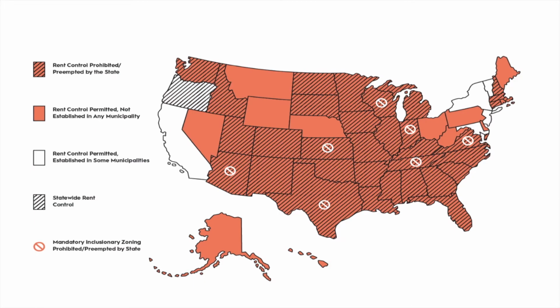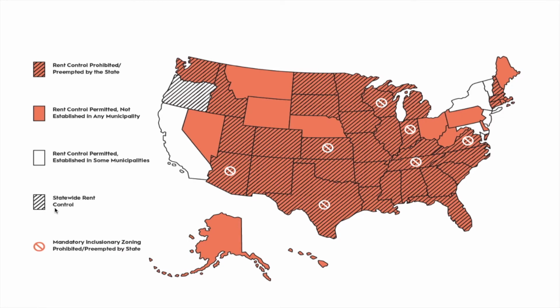So if you look around the country on this map here, in the areas that have this orangish color and are also shaded with diagonal lines, rent control is actually prohibited. In the solid orange areas, rent control is permitted, but not established. And in the areas that are a solid white color, rent control is permitted and established in some municipalities.